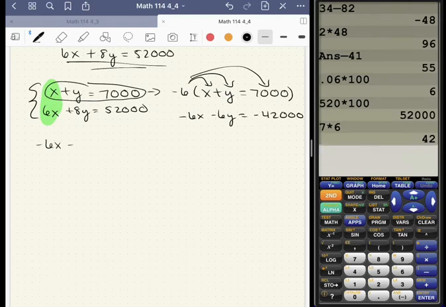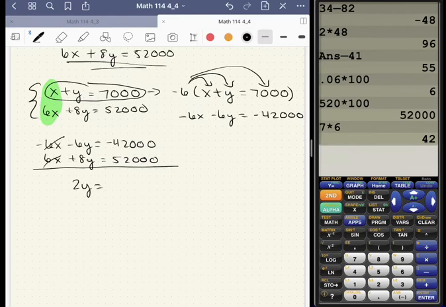So now we're ready. I have negative 6x minus 6y is equal to negative 42,000. Then I have 6x plus 8y is equal to 52,000. So this will cancel with this. So I have 2y is equal to 10,000. Divide by 2 on both sides.